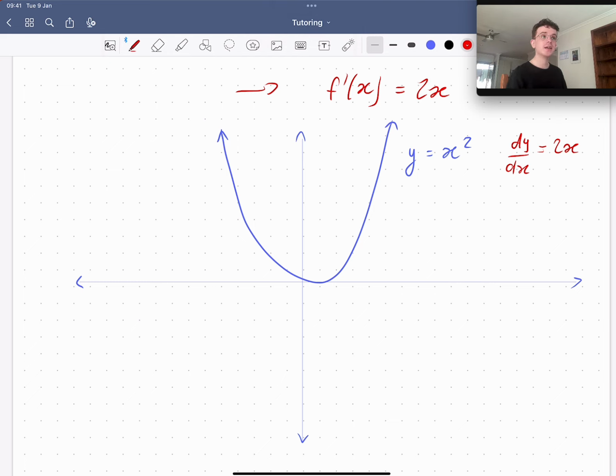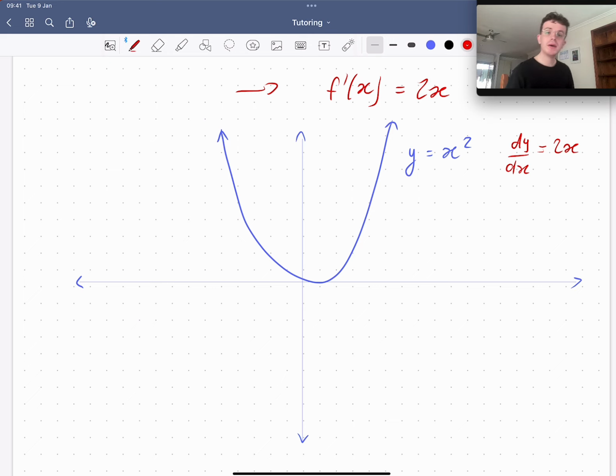So what this is telling us is that this is a curved line. Now we should know that we can't calculate the gradient of a curved line. It's not possible. But we can calculate the gradient of a straight line.